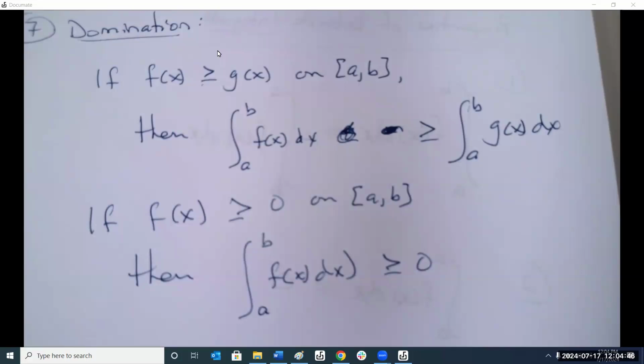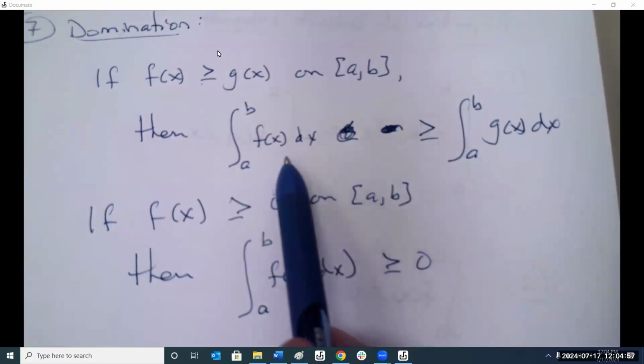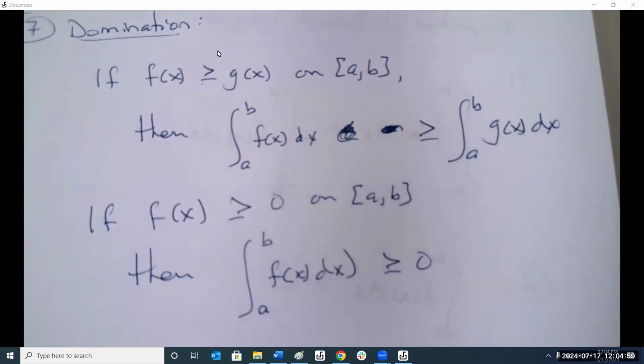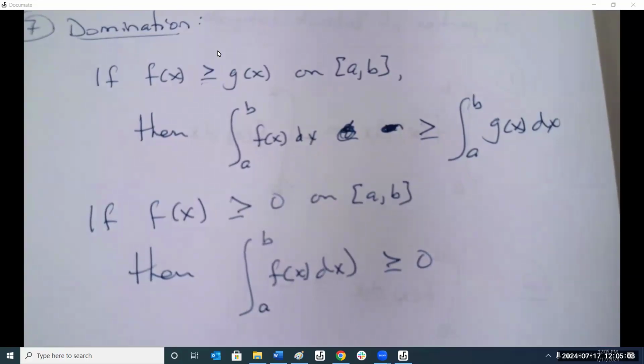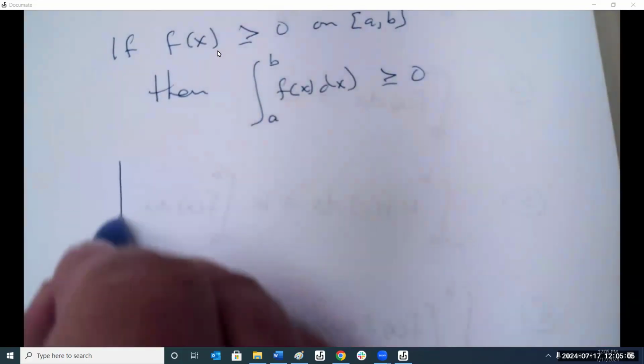Why are those true? If f of x is bigger than g of x, why would the integral of f of x be bigger than the integral of g of x? Let's look at these.